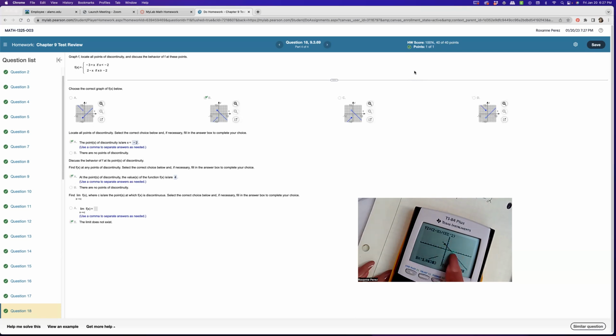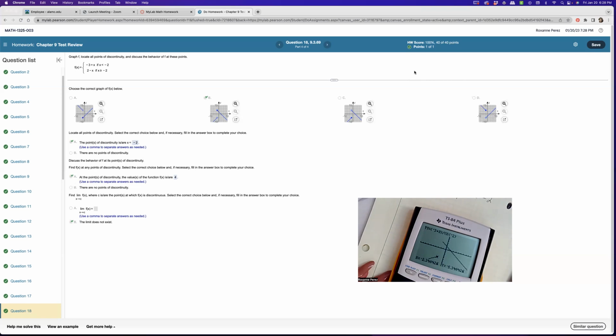If you hit up or down, it'll put you on the other function. There we are. And so this one, we can see that it's a less than inequality. And so this part is the graph that should have the open circle at the end. So B would be the only appropriate graphical representation of this piecewise function.